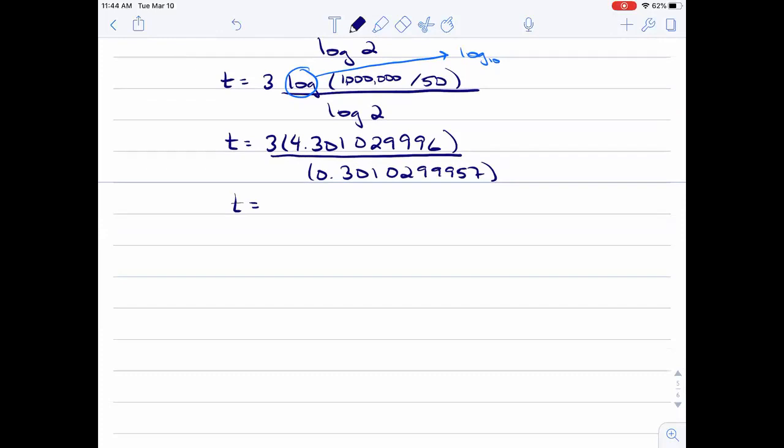I better do it again. Okay, times 3 divided by, and then in brackets. Oops, didn't like it. Divided by log base 10 of 2.